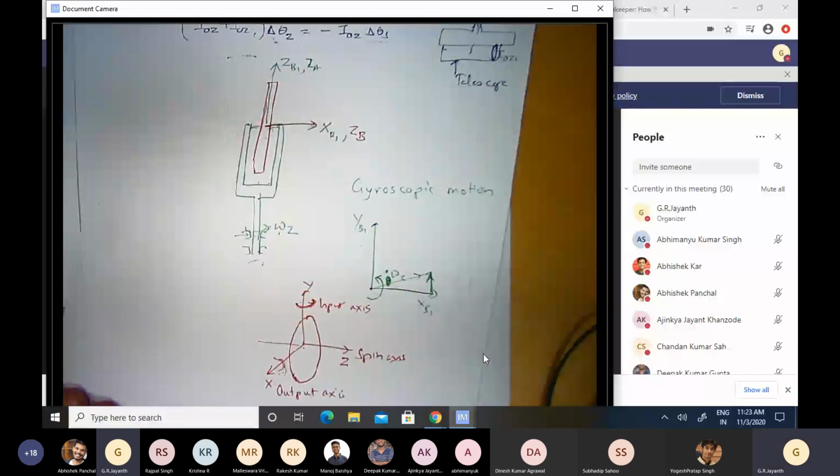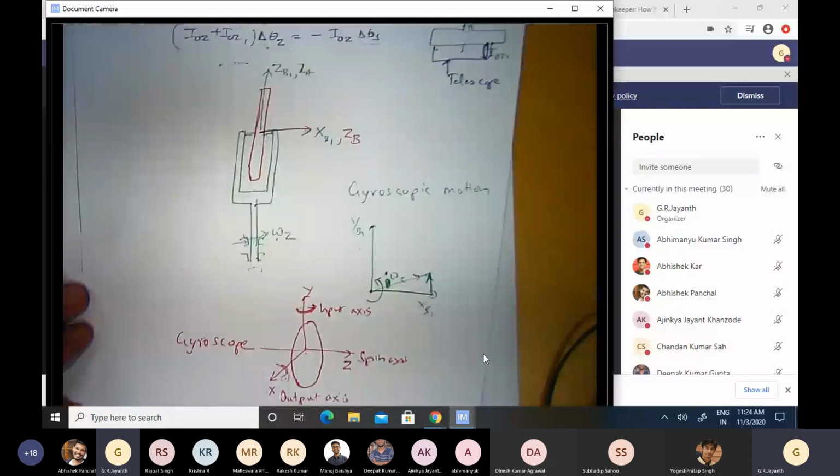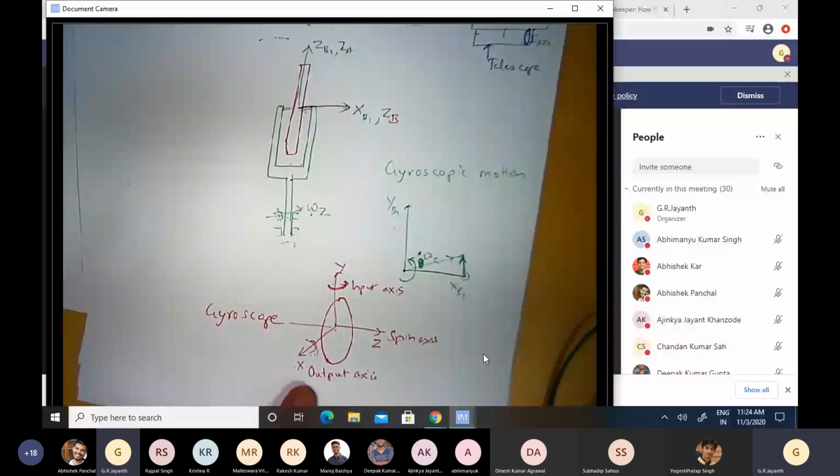Let me draw a schematic of the most general gyroscope that there is. Any questions about this? From an engineering perspective, this gyroscopic effect is the most important consequence of rotations of rigid bodies.